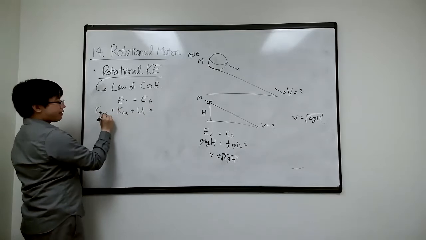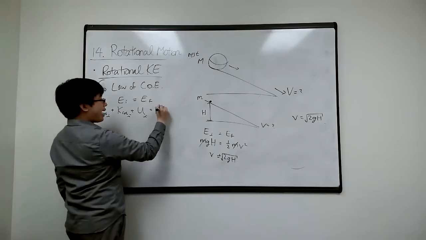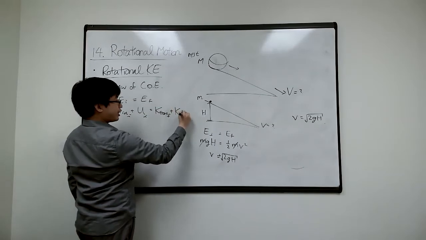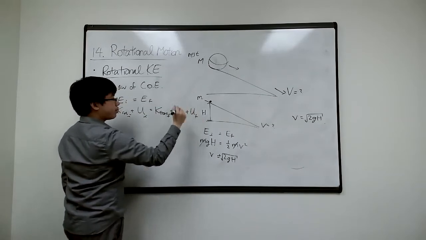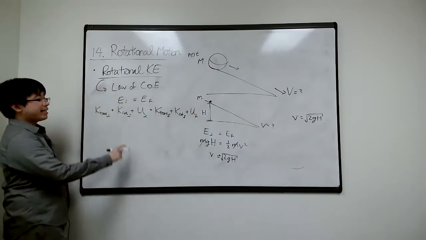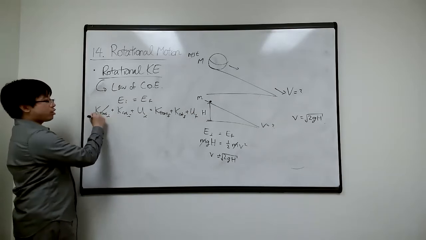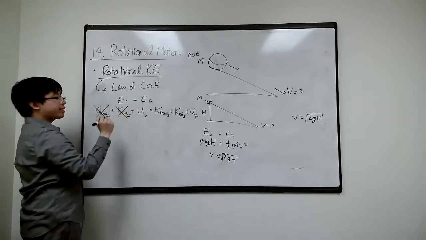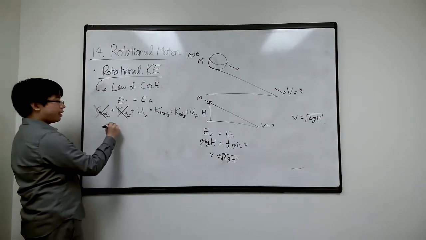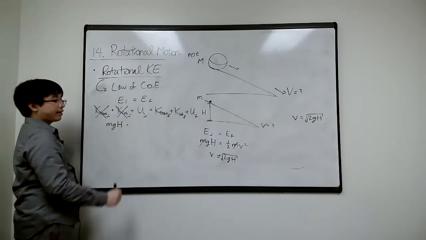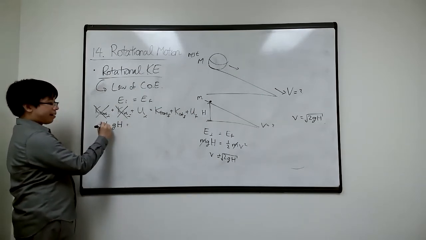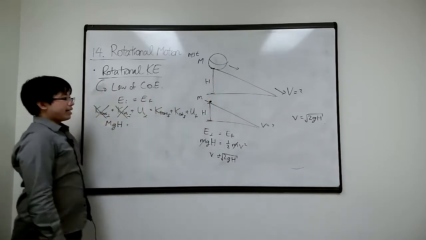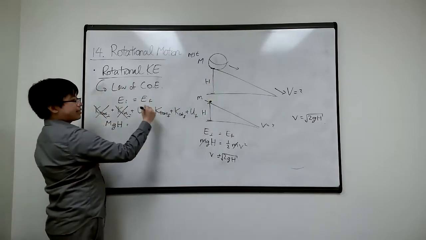We look at the initial and the final: translational final plus rotational final plus potential energy final. At first, it's released at rest, so there's no translational kinetic energy, and it's not rotating, so there's nothing there. So we just have Mgh, capital M, same height.